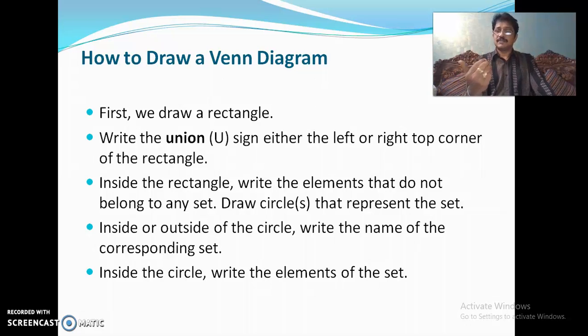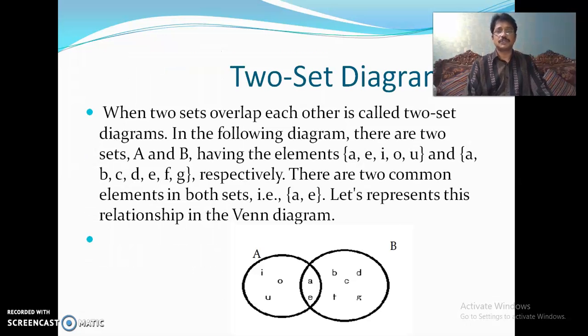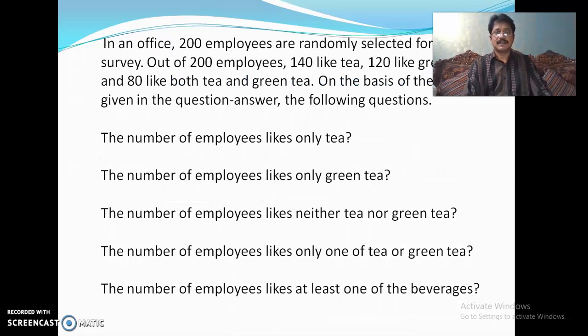If the elements, of course numbers, are elements of the set, then we write them inside the circles. If they do not belong to that set, we write them outside the circle. We will see an example of how to explain all these things.